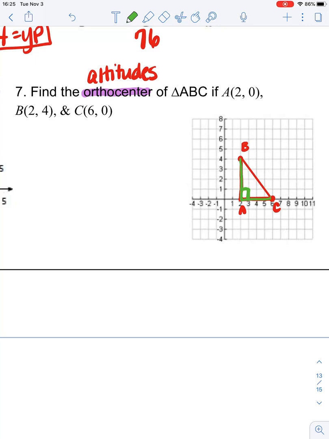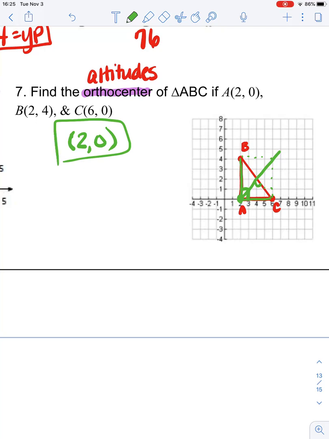If we go perpendicular, 1, 2, 3, 4, 1, 2, 3, 4, the intersection is right there. So the orthocenter, which is the intersection of the altitudes, and this triangle's a right triangle, is at A. So the orthocenter is at 2, 0.